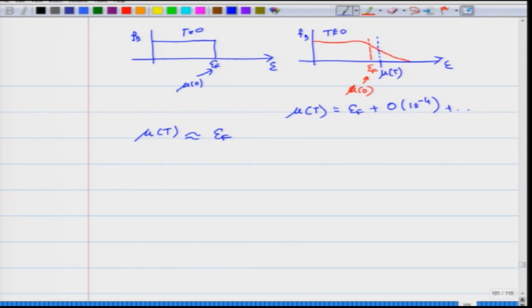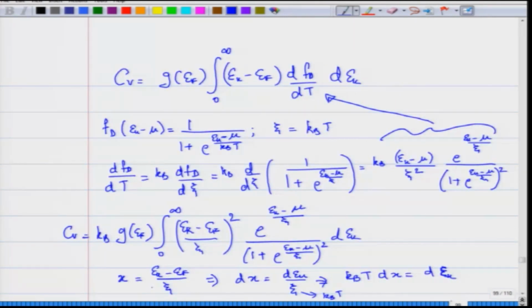So, in our calculation, to simplify the calculations a bit further, when we are looking at the specific heat, if you go back to this expression, this chemical potential which is occurring here, we will replace with the Fermi energy.